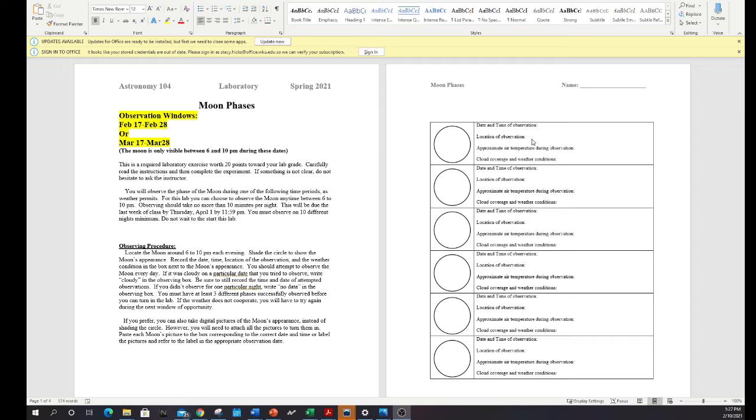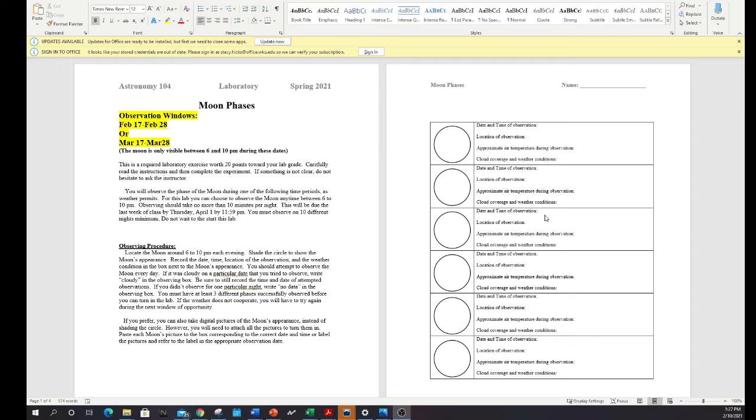Now, this can be the city or the town that you are in, but ideally, you want to be a little bit more specific. If you're in Bowling Green and you're observing from your house, you need to put Bowling Green house. If you're in Bowling Green and you're on campus, you can put on campus.